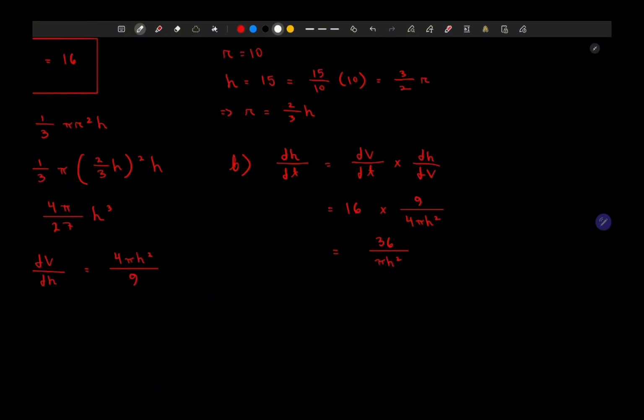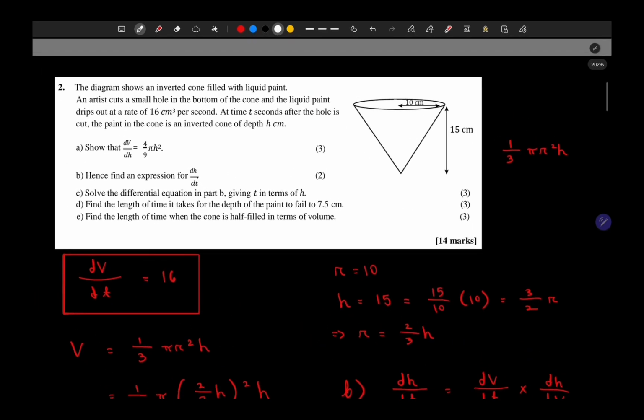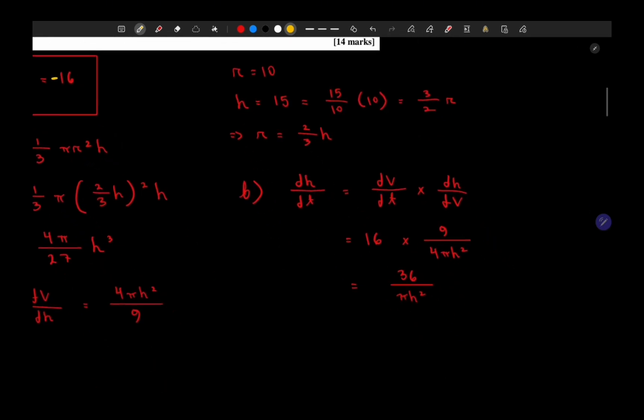But there will be a slight difference. The liquid paint drips out at a rate of 16 centimeters cubed per second, so there will be a minus sign in front of dV over dt. So there will be a minus sign in this part. So this is the final answer.